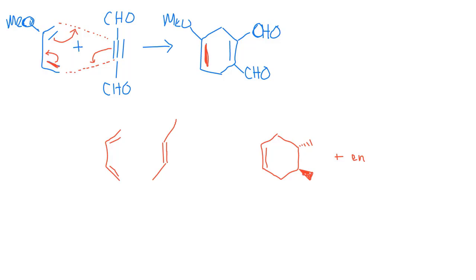If the dienophile has a carbonyl on it, isn't there a preferred orientation that it has to be in to add? In this case, I don't think so. Depending on the complexity of the molecule, there are certain steric considerations that need to be taken into account.